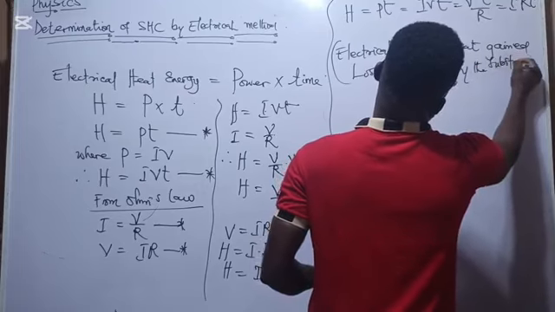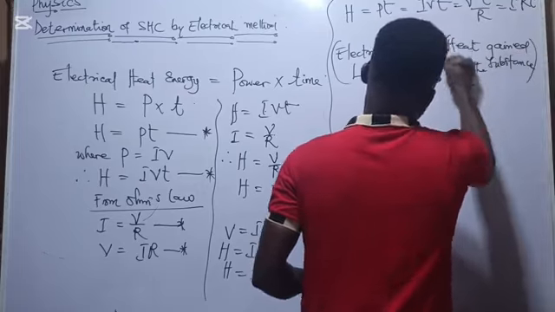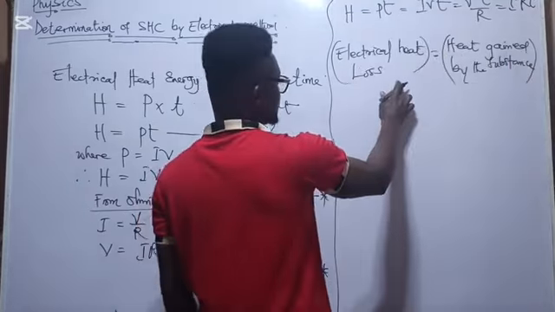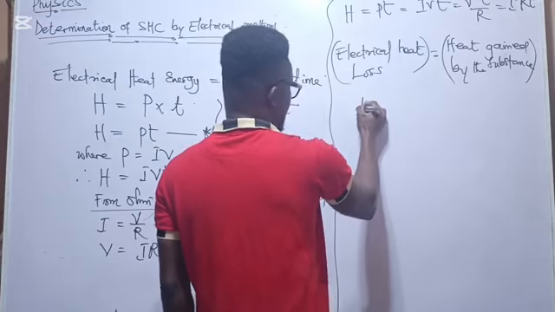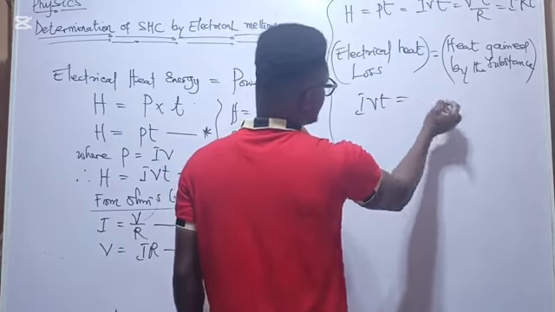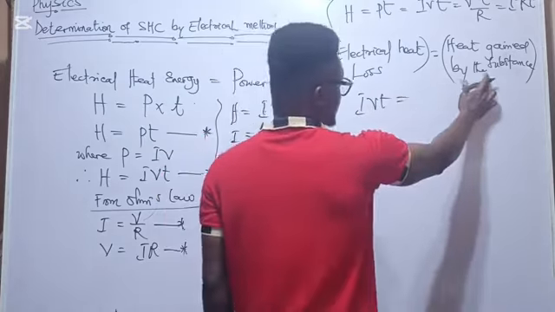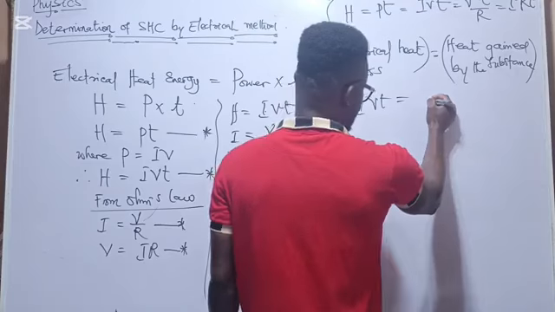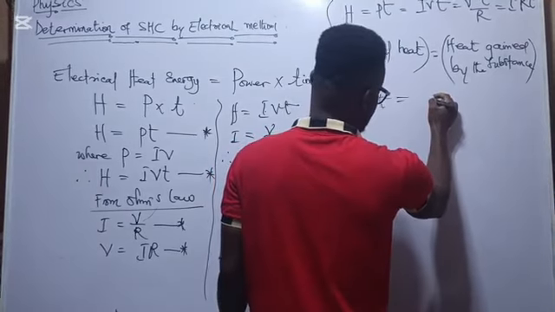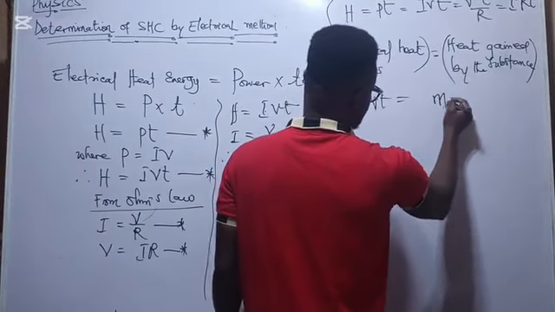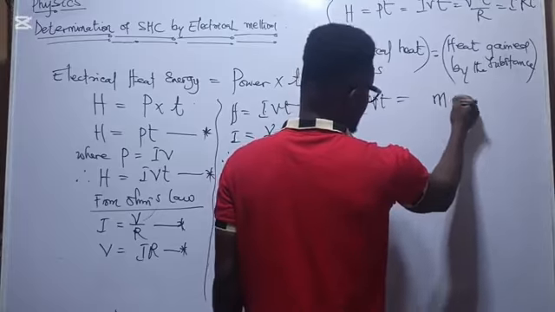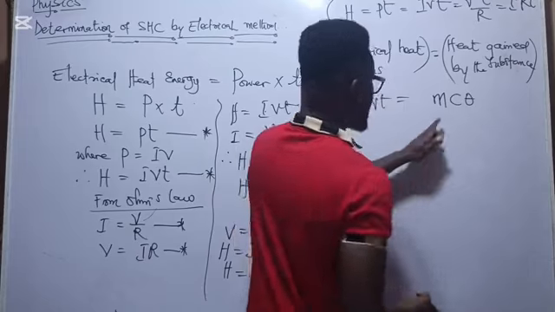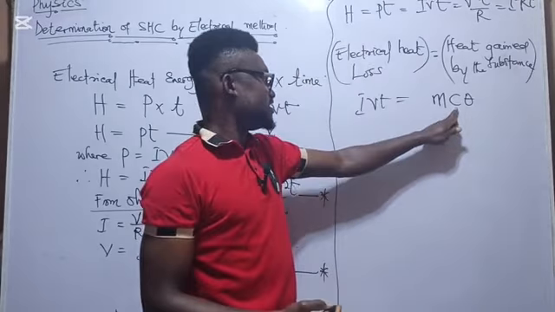Okay? So if we remember this, we have electrical heat, where we have IVT, for example, which will be equal to the heat gained by the substance. Then we have the electrical heat, which is equal to the heat, which is equal to mc theta. We have this C as the specific heat.